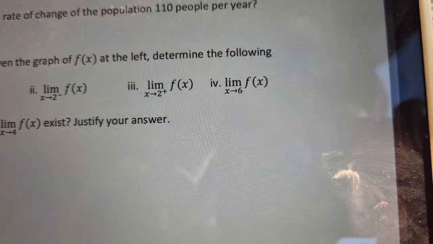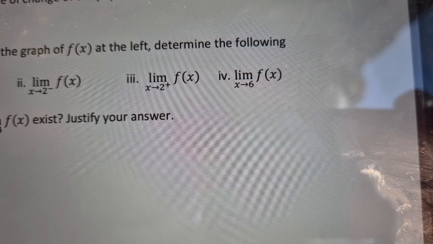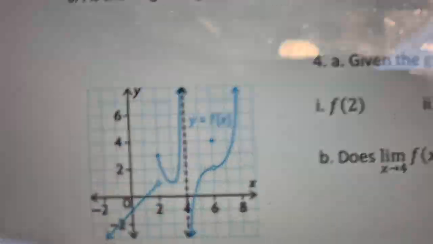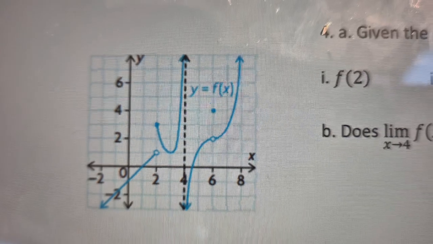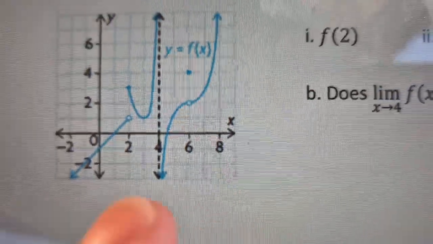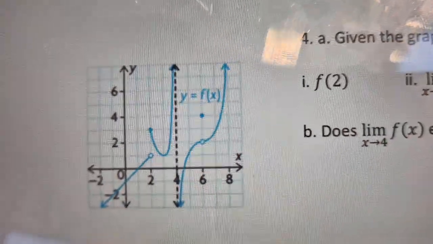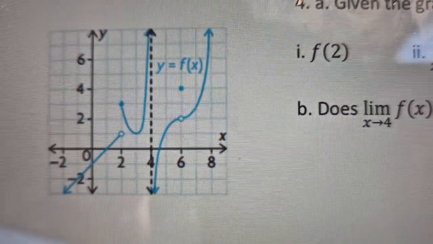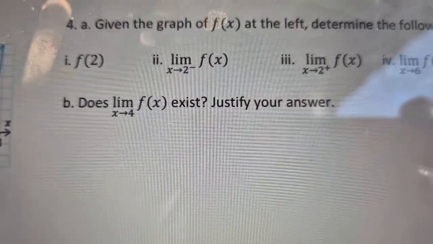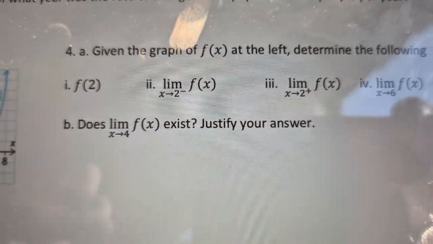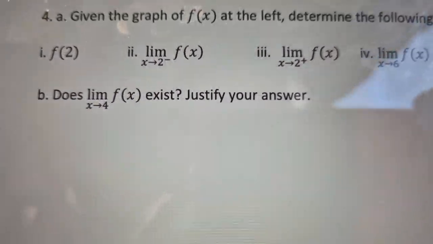And in the third part, it's asking us for the limit as x approaches 6. Since from both the left and right side it approaches 2, it's 2. Then in part B, it asked: does the limit as x approaches 4 exist? Justify your answer.